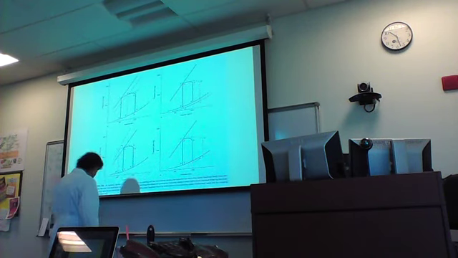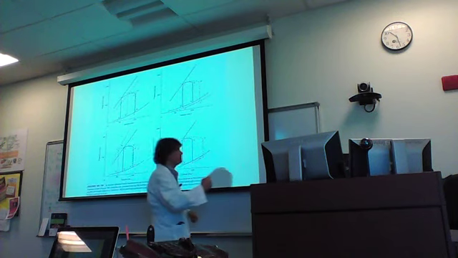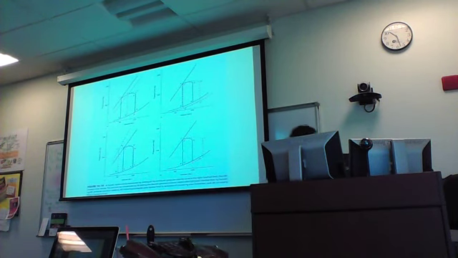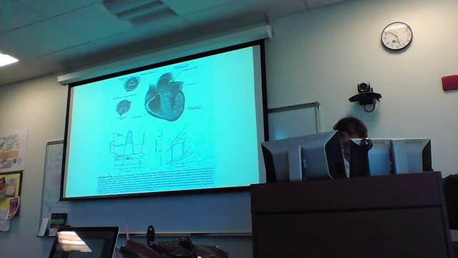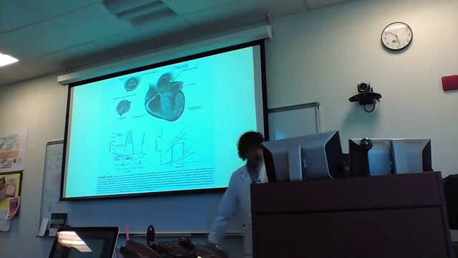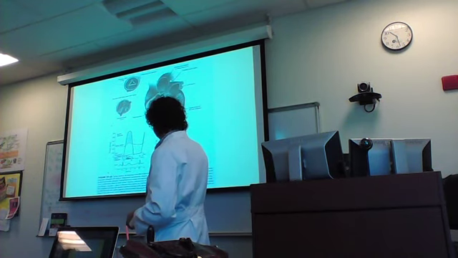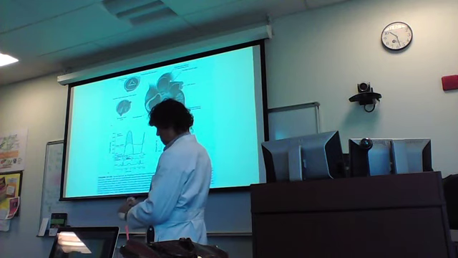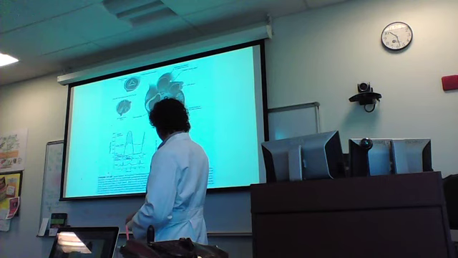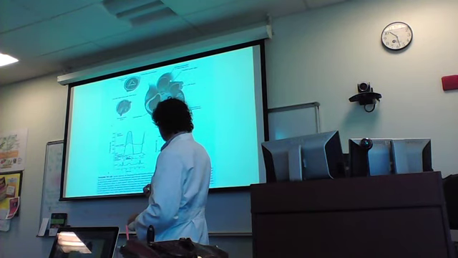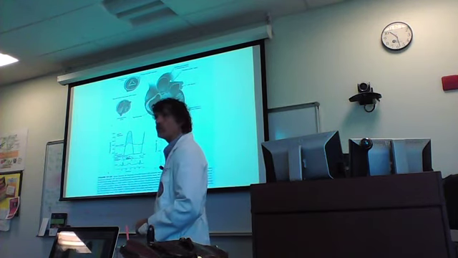It might be in one of these diagrams. Yeah, this will work. So you see here there's the mitral valve component of S1, tricuspid valve component of S1, pulmonic valve component of S2, aortic valve component of S2.